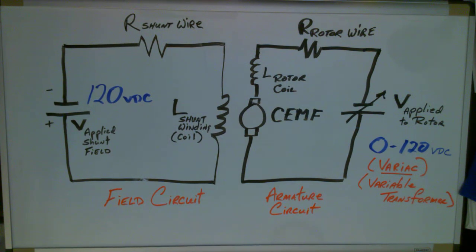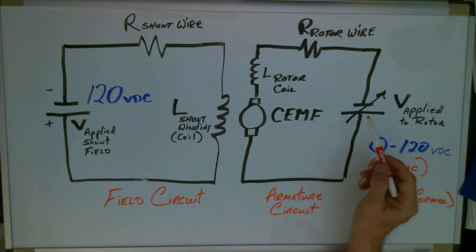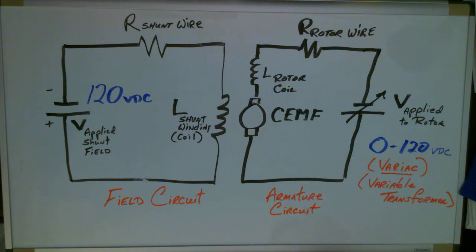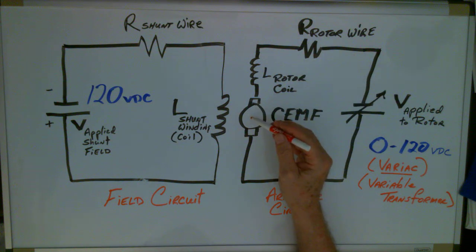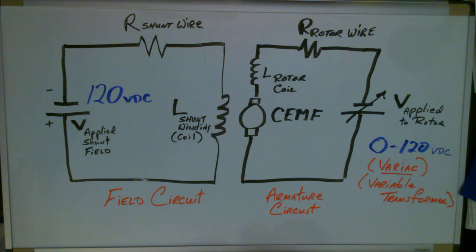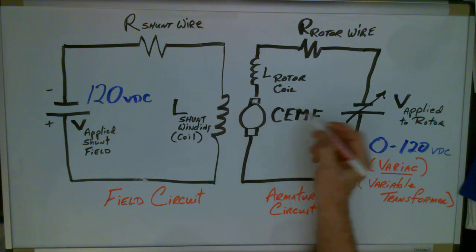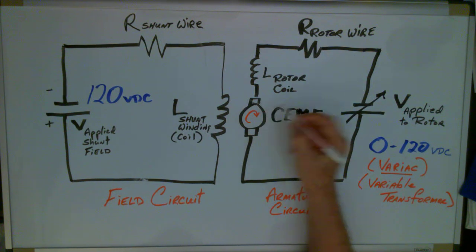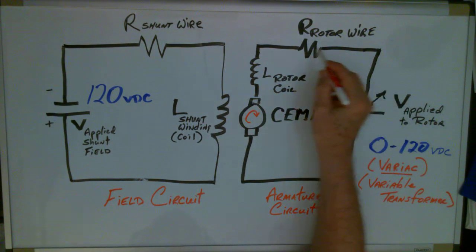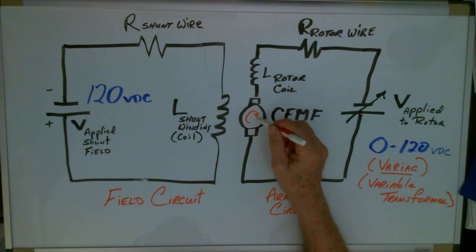Okay, so what we do is we have connected our variac to the rotor. The rotor is made up of wire, and it's got a piece that is mounted on bearings so we can rotate it. My electrical supply is connected to the rotor through the brushes.